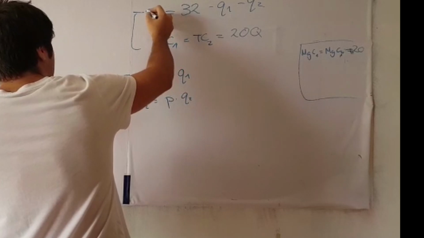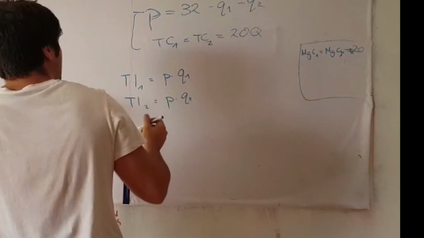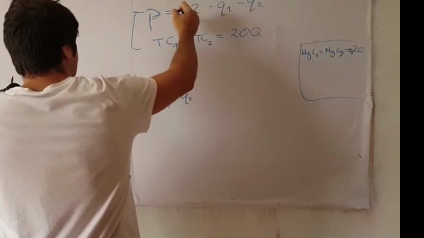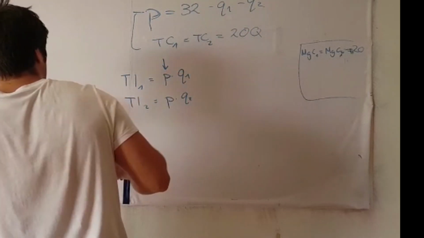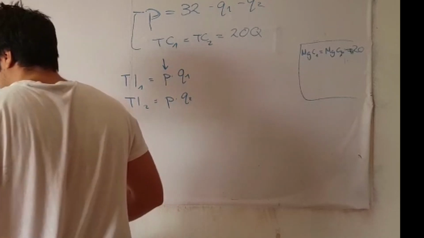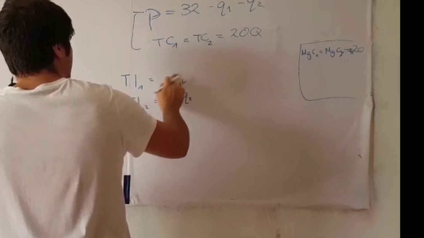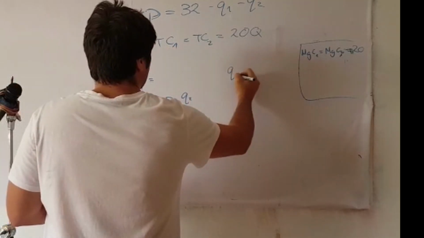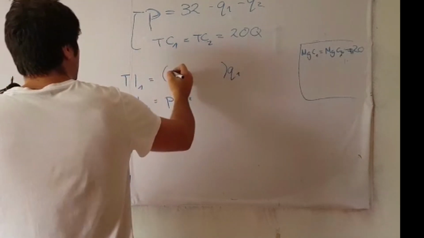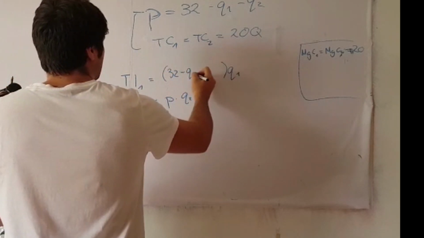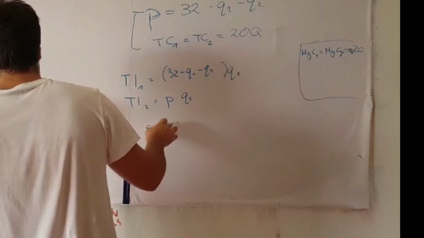We see that the price is equal to 32 minus Q1 minus Q2. So we just take this P here, and substitute this inside this equation. So this will look like this. Take the P, just substitute 32 minus Q1 minus Q2. And we do the same with the second one.